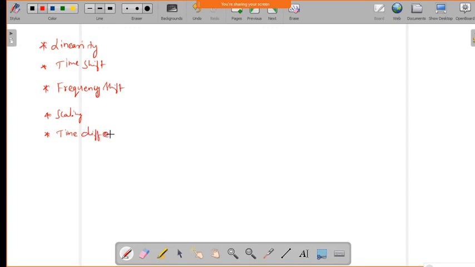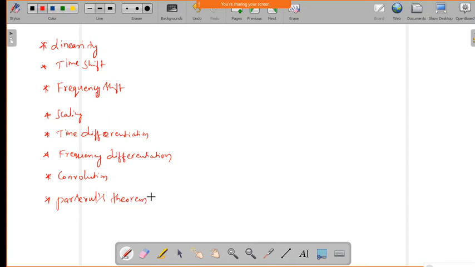We also have Parseval's theorem, the integration property, and the symmetry property.